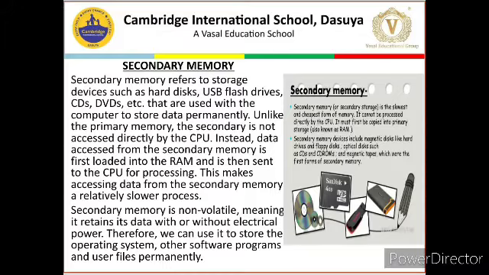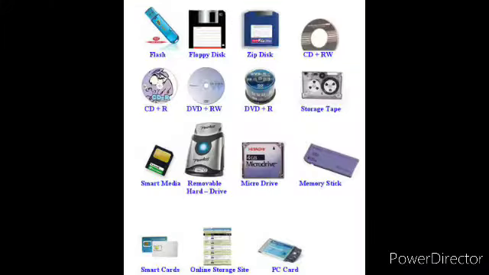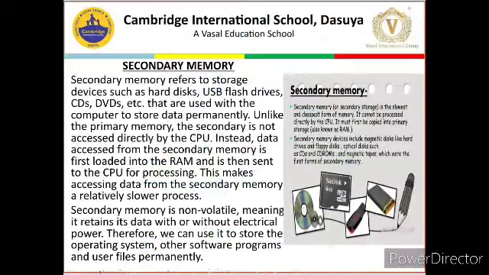Instead, data accessed from the secondary memory is first loaded into the RAM, which is a primary memory, and is then sent to the CPU for processing. This makes accessing data from the secondary memory a relatively slower process.